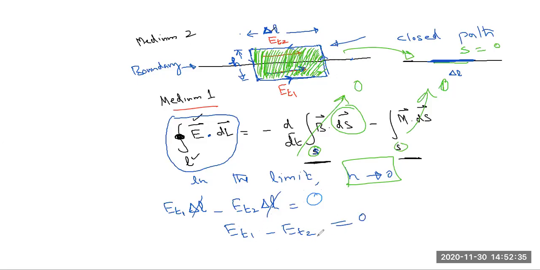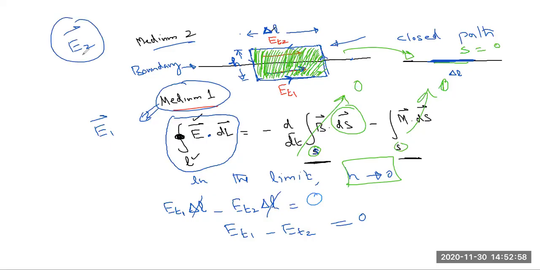Now, what is the meaning of this equation? The important point is, again, we need to write this equation in a vector form. In medium 1, the electric field can be generally represented by vector E1. In medium 2, the electric field will be represented by E2.